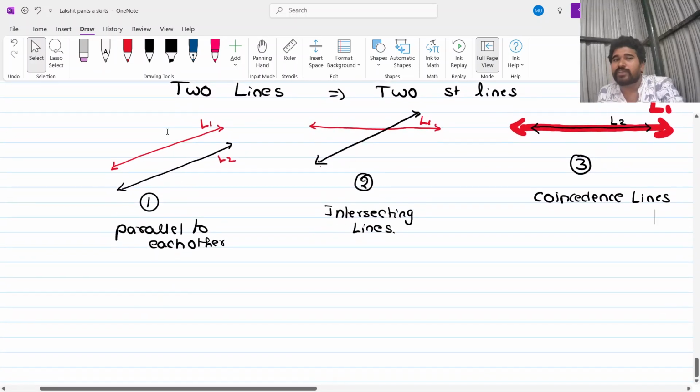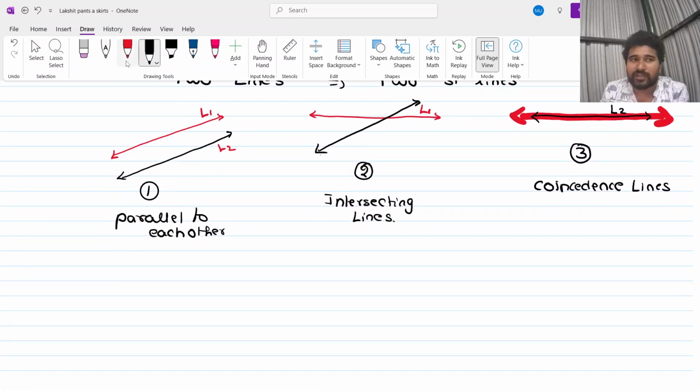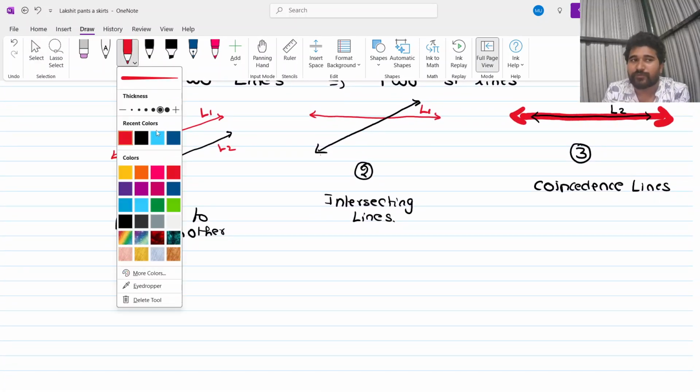Observe carefully. When they are intersecting, I'm going to the second equation. Is there any common point between the two lines? Common point means the point should belong to both the lines.